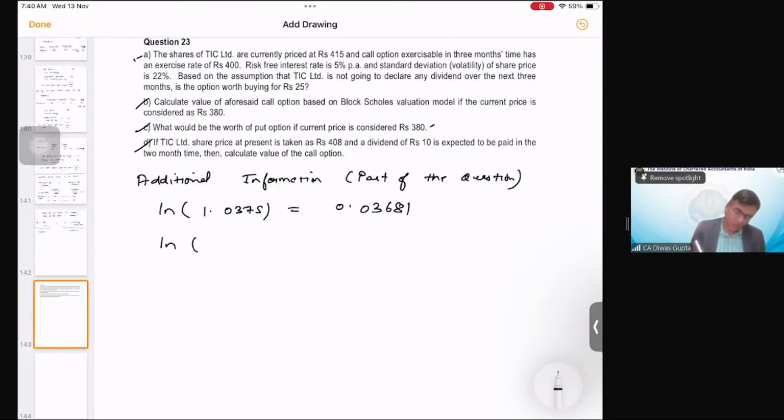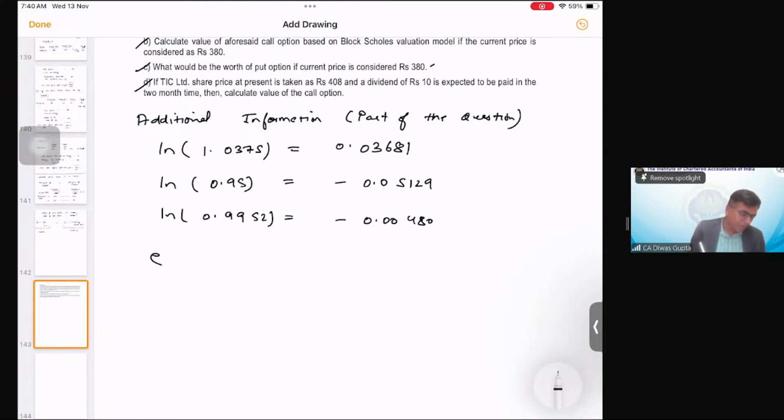Then again, natural log of 0.95 is equal to minus 0.05129. Okay, these all values will be used. Then natural log of 0.9952 is equal to minus 0.00480.